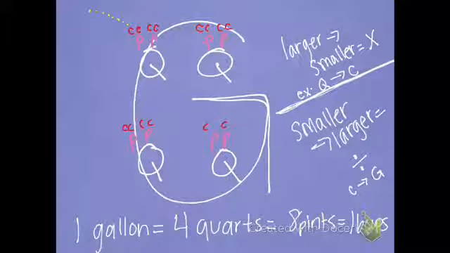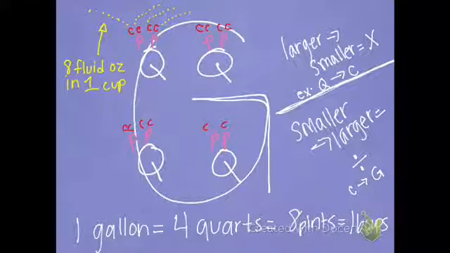You can do that on all of them. I'm not going to, but I'm going to show you. Those stand for 8 fluid ounces in 1 cup. So each child has 8 favorite songs, and those stand for 8 fluid ounces in 1 cup. So the smallest you can go is fluid ounces, and the biggest you can go is gallons.